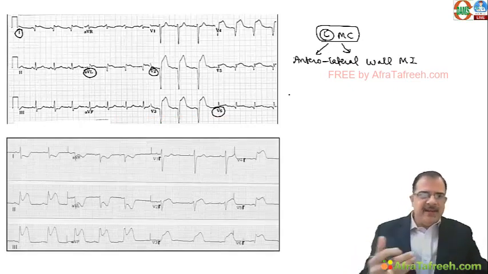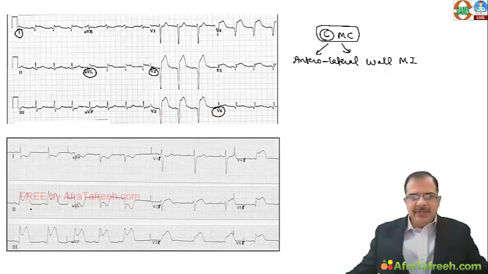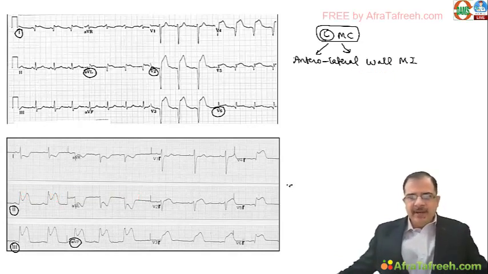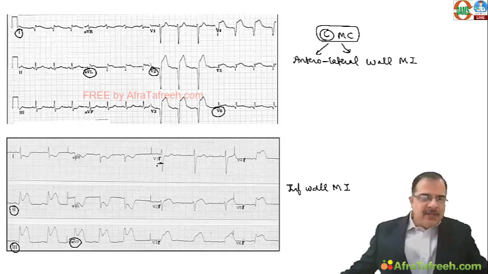The next one is a very popular ECG. In this ECG, you can see leads 2, 3 and aVF, which are the inferior wall leads, showing the ST elevation. So this is an inferior wall MI. As well, the letter R is written in the chest leads, which means these are the right-sided leads, and in V4 you can see ST elevation.